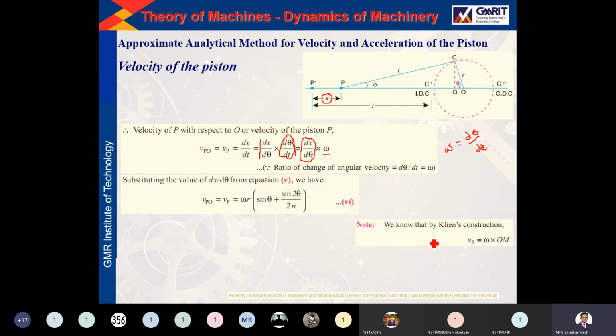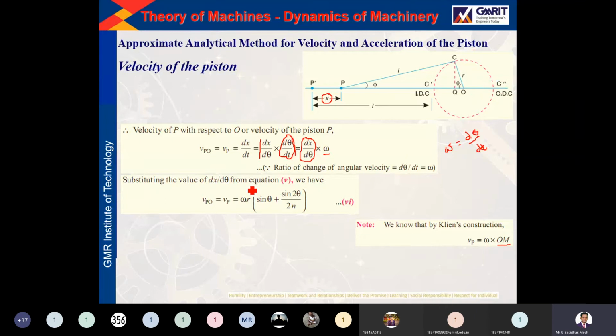Now we will find out acceleration also, and look at this. This is a hint I have given. From Klein's construction we know the velocity of the piston, remember that construction diagram, Klein's diagram. Vp, there we got omega into OM. So OM is there, see here we will draw OM, this is the perpendicular length.